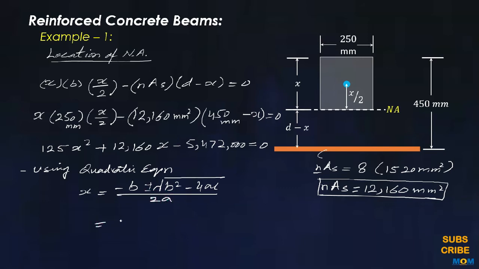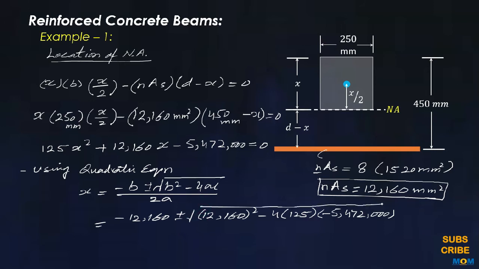So x is going to be minus 12,160 plus minus square root of 12,160 square minus 4 times 125 times minus 5,472, upon 2 times 125.